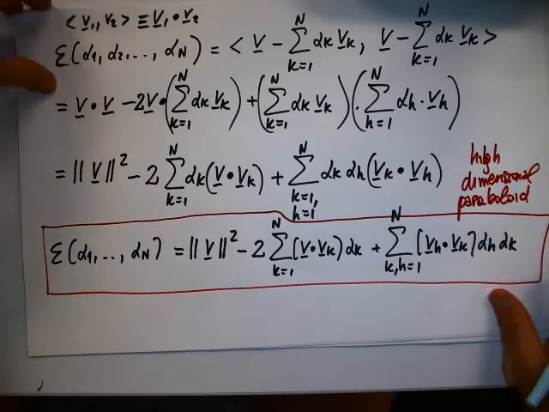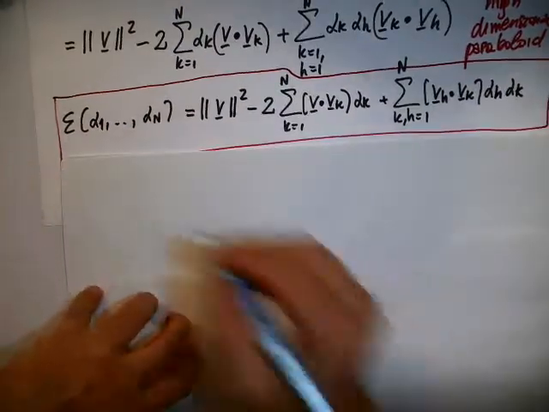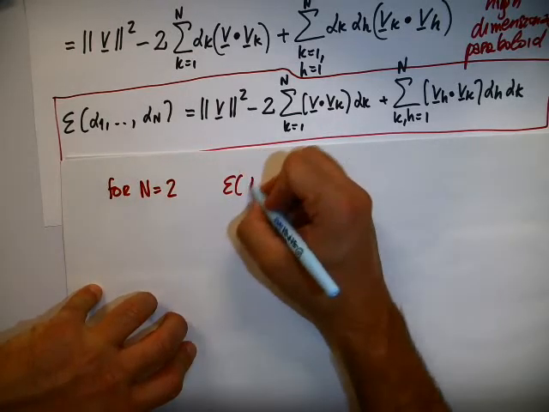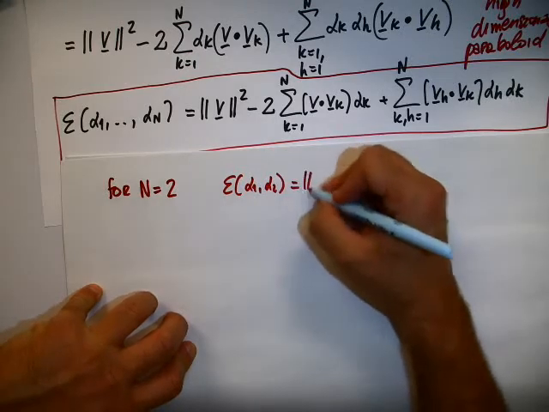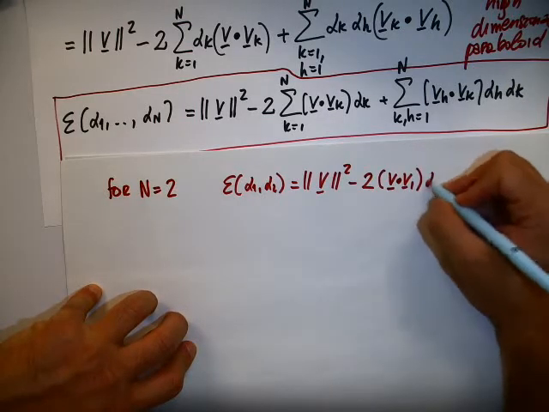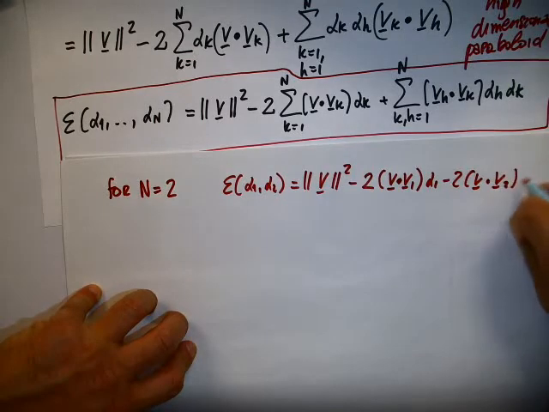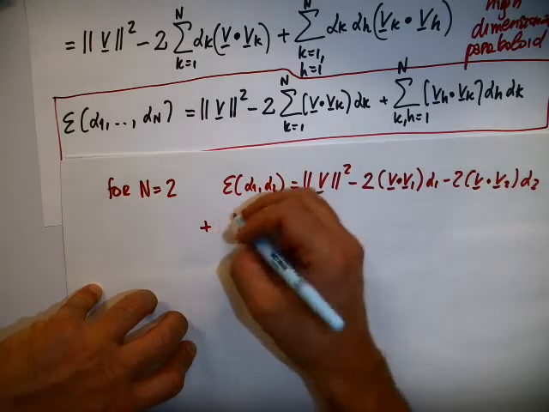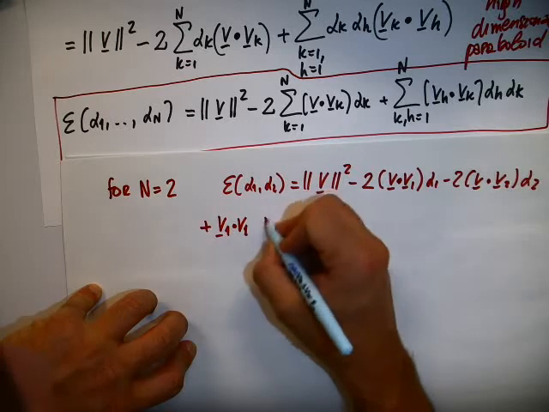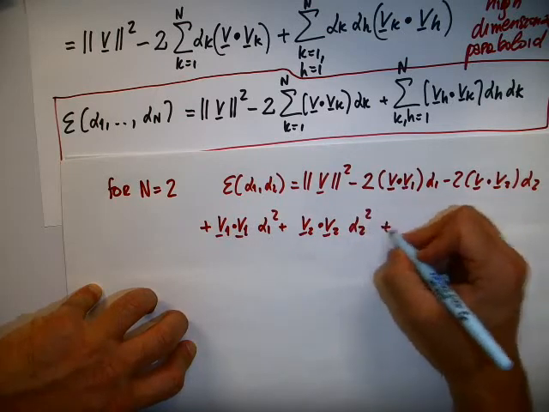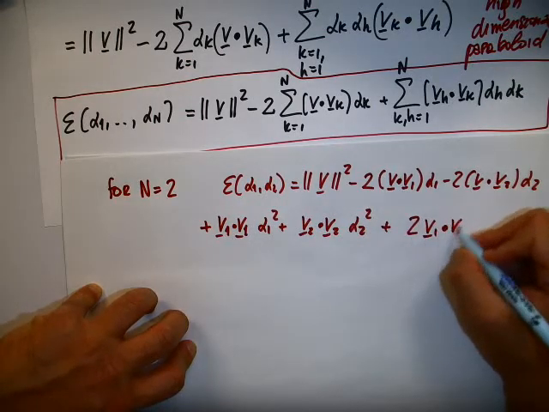Indeed, if we restrict, for example, to just two coefficients, n equal 2, we simply have epsilon of alpha 1, alpha 2 equal to the norm of v squared, minus 2 v dotted v1 alpha 1, minus 2 v dotted v2 alpha 2, plus v1 dot v1 alpha 1 squared, plus v2 dot v2 alpha 2 squared, plus twice v1 dotted v2 alpha 1 alpha 2.